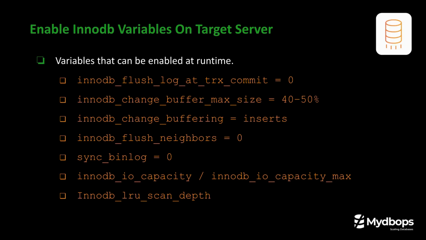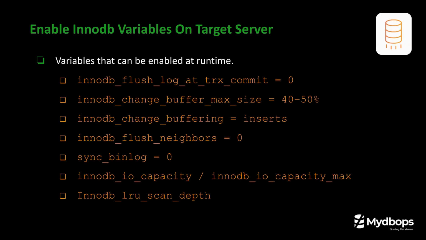Setting the InnoDB change buffering to inserts makes sense because a full load is mostly inserts. This way MySQL buffers them effectively, reducing the random IO. Also, when we set InnoDB flush neighbors to 0, MySQL won't flush the unnecessary neighbor pages. On SSD, this avoids wasted IO and improves the migration performance.